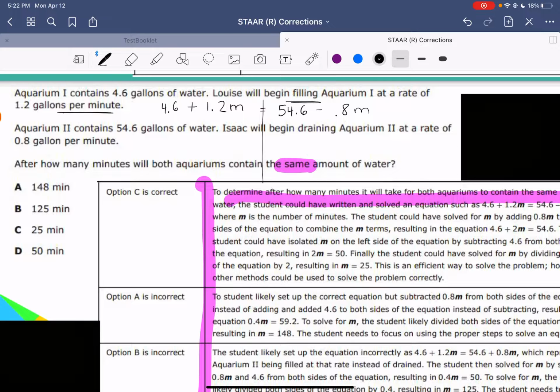If I circle my constants and box my variables, there aren't any like terms, so we're going to move our least coefficient, which is this 0.8. So I'm going to add 0.8m to both sides.